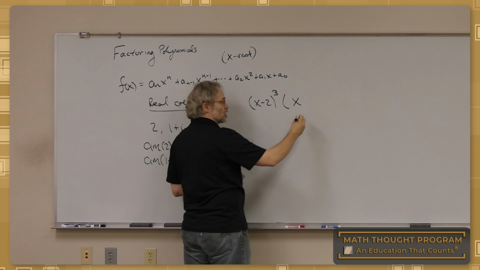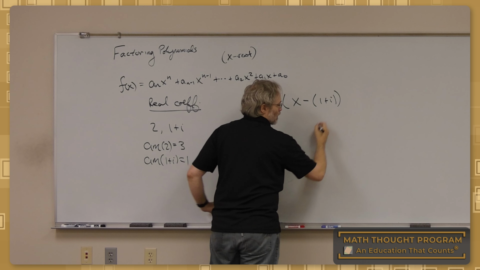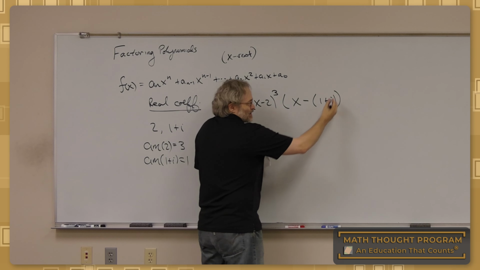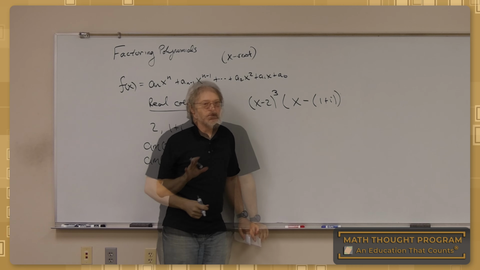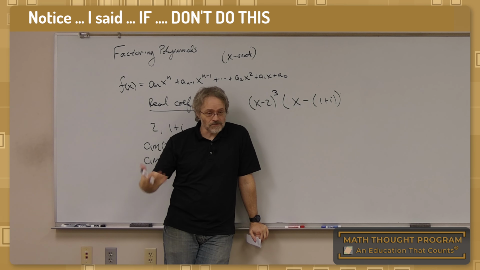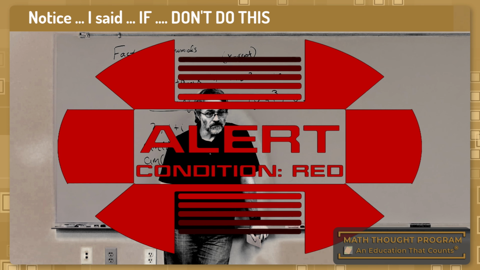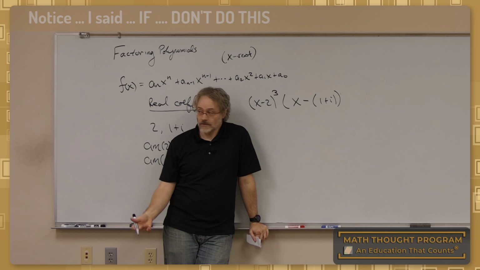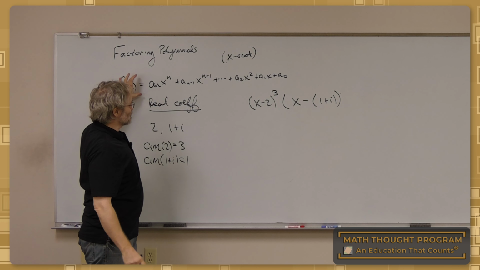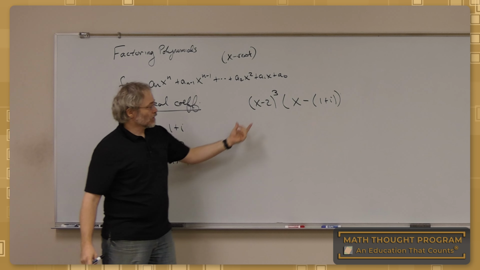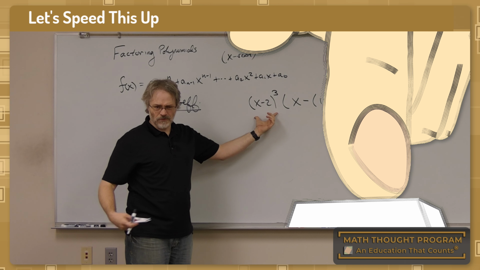You say x and then minus the root, which is going to be 1 plus i. And then if you power it up to the first power, you can say this, or you can just simply leave it off. If I was to expand this out for the moment, to put this polynomial, which is in factored form, into expanded form, I might want to apply the binomial theorem or something here to really crank this out.